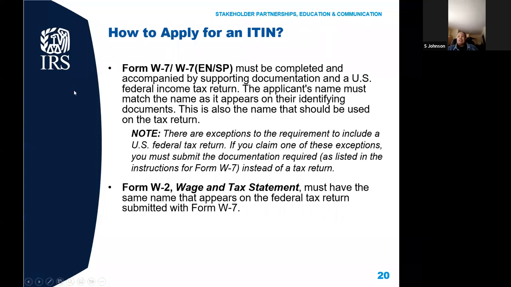If you claim one of these exceptions, then you must submit the documentation required as listed in the instructions of the Form W-7 instead of the tax return. The Form W-2 wage and tax statement must have the same name that appears on the federal tax return submitted with the Form W-7.